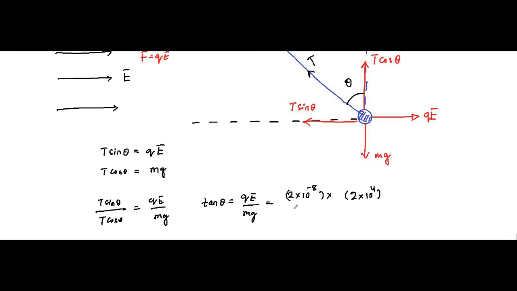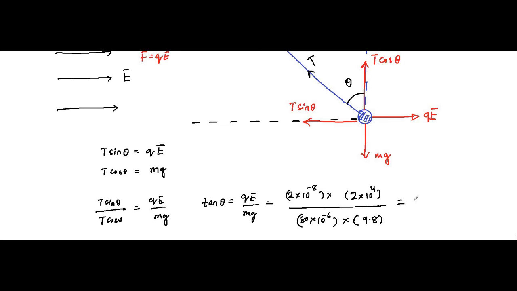Mass is 80 milligrams, which is 8 into 10 to the power minus 6 kg in SI units. And then we have g, which is 9.8 meter per second square, the acceleration due to gravity.